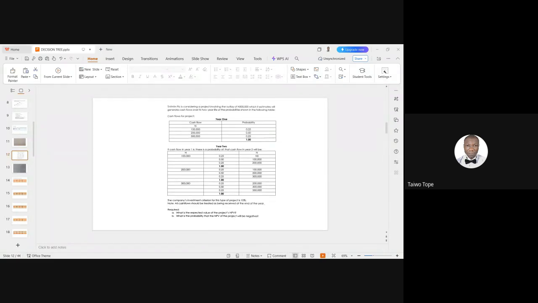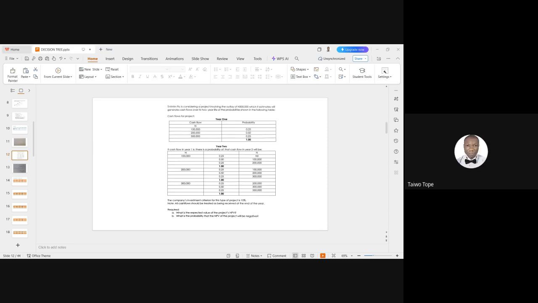For year 1, what will happen? It will not be treated in year one. It will be treated in year zero.